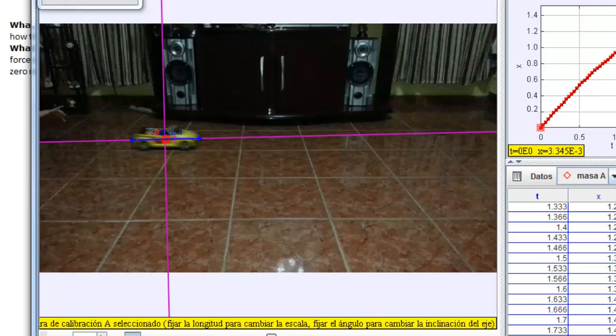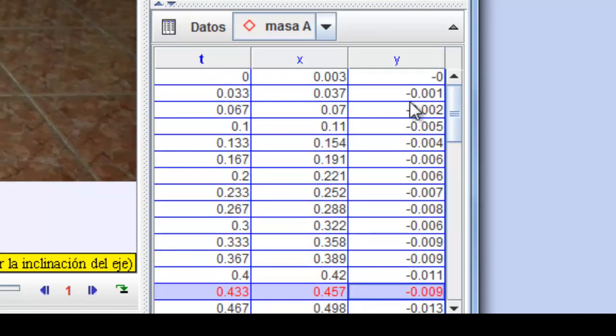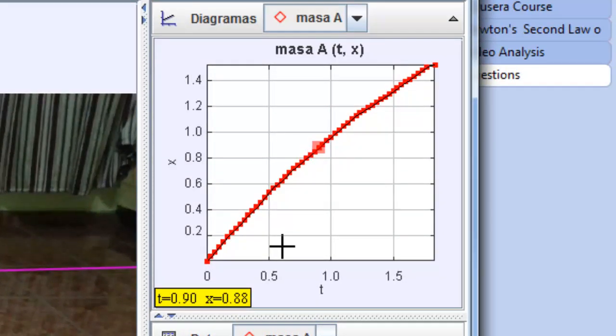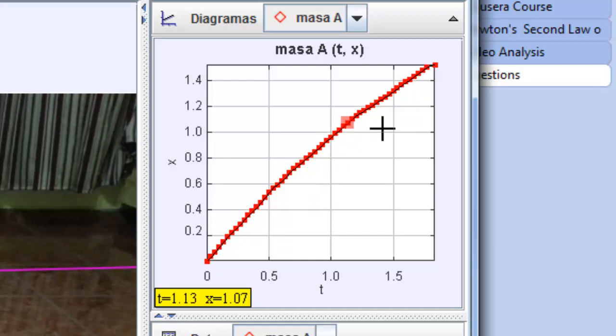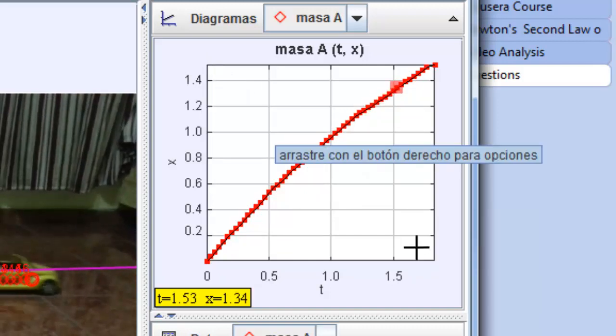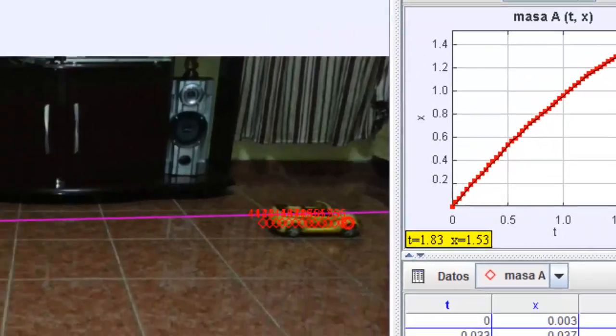In case you change the axis, instead of having positive values in x, they will be negative. Also, the graph will change. Instead of going upward in a diagonal line, it will go downward in a diagonal line, because instead of going in the positive x-axis, it will go in the negative x-axis.